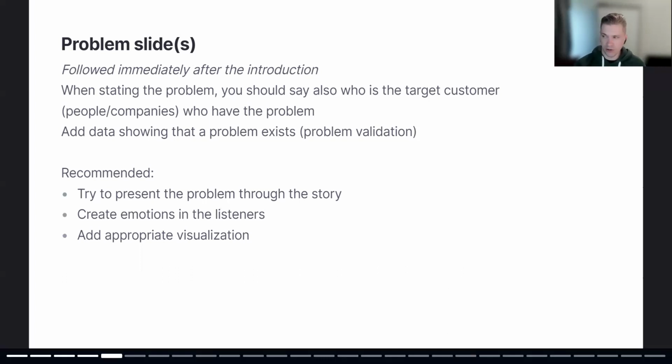For example, we would say there is a big problem of food waste in the Baltics, and we would show how much food we are throwing out in our garbage cans, and at the same time there are some parts of the world where children suffer from hunger, and we could probably find some kind of pictures which visualize this thing.